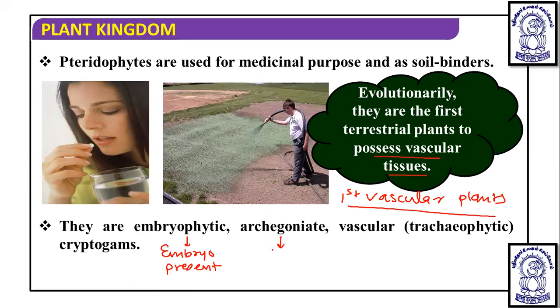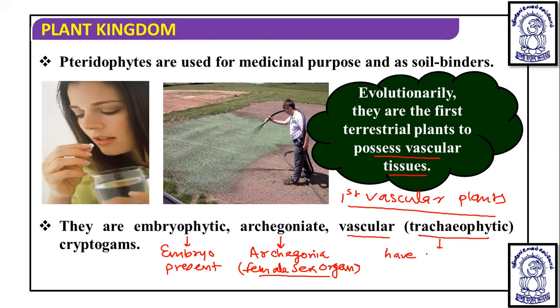Another thing, they are archegoniates. Archegonia is a female sex organ, and that female sex organ is present in pteridophytes. Then they are vascular or tracheophytes, which means they have xylem and phloem as conducting tissue.